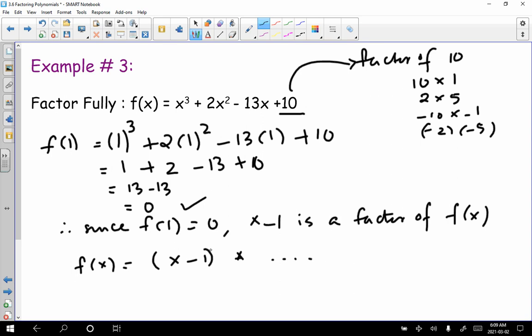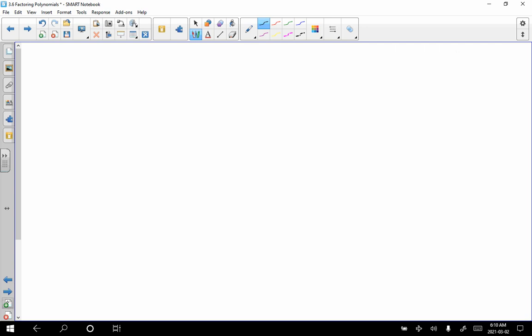All those factors, when multiplied with x minus 1, will give us this function. So let's try now. Let's divide f of x by x minus 1 to get the other factors.